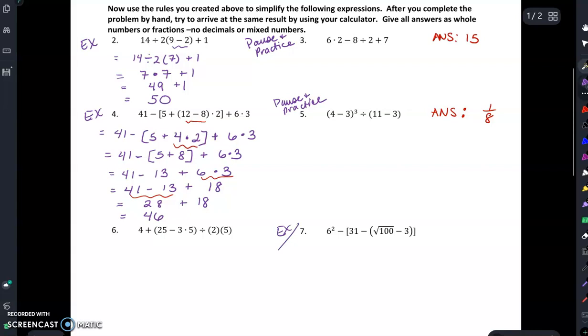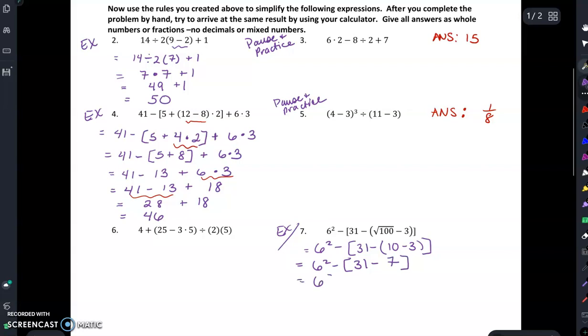So for number 7, you would do inside the grouping symbols first. So we'd have 6 squared minus 31 minus, and then innermost would be, within that I have a square root here. So I would do 10 minus 3. Then on the next line, 6 squared minus 31 minus 10 minus 3 gives me 7.